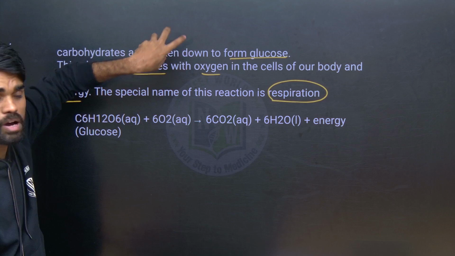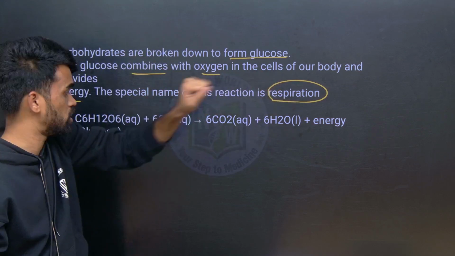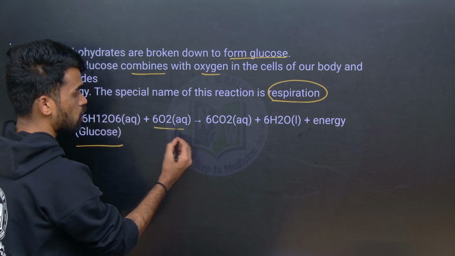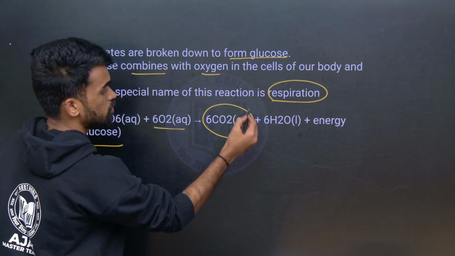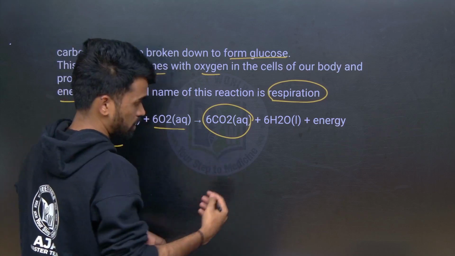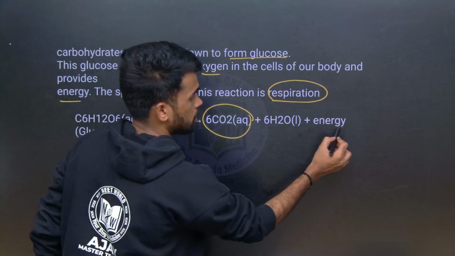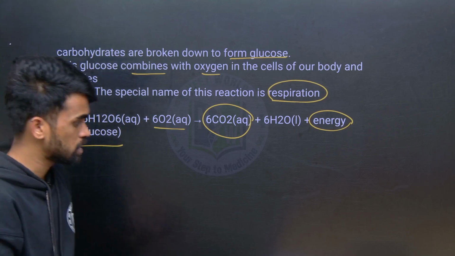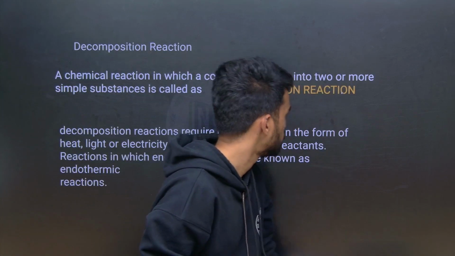The name of this process is respiration. Glucose, with the formula C6H12O6, combines with oxygen and forms CO2 gas, which is liberated and exhaled out, and energy is released. That is the energy we use in our daily life.